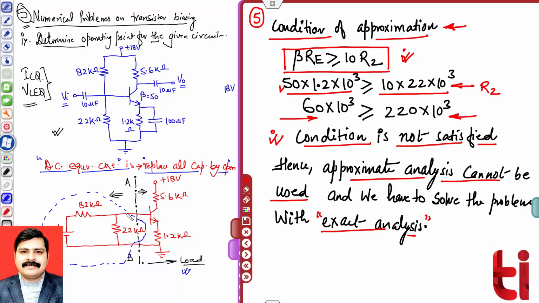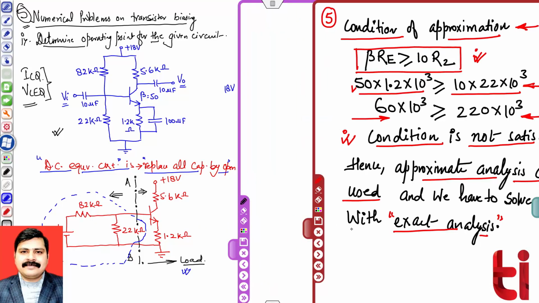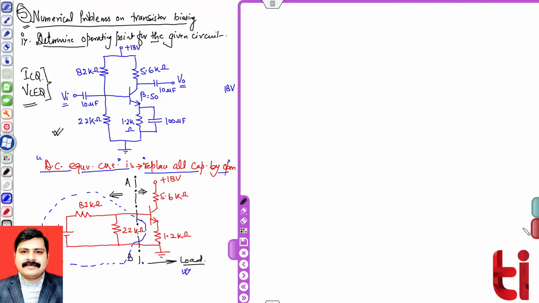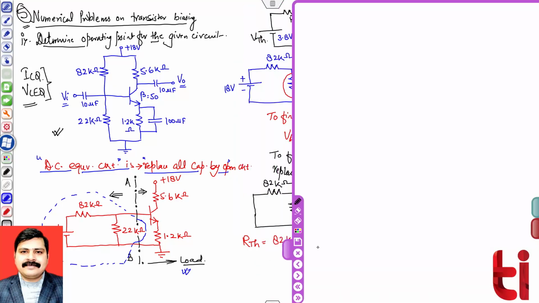For Thevenin theorem, this complicated network will be replaced by a simple series voltage and a resistance, and then we can reconnect the load. Let's see how we can solve this problem with the help of Thevenin theorem.